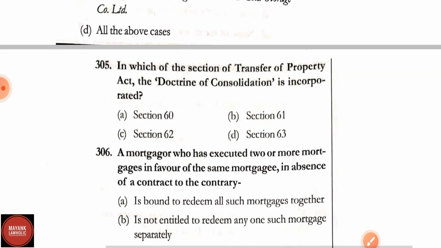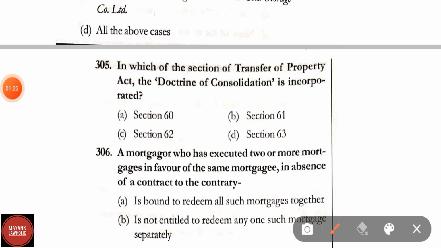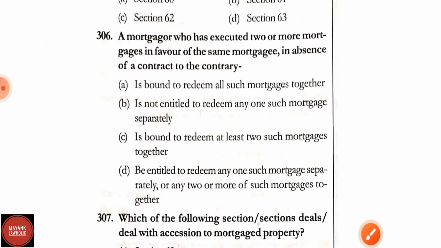Question number 305. In which section of the TPA is the doctrine of consolidation incorporated? The doctrine of consolidation is incorporated in section 61 of the TPA. Question number 306.